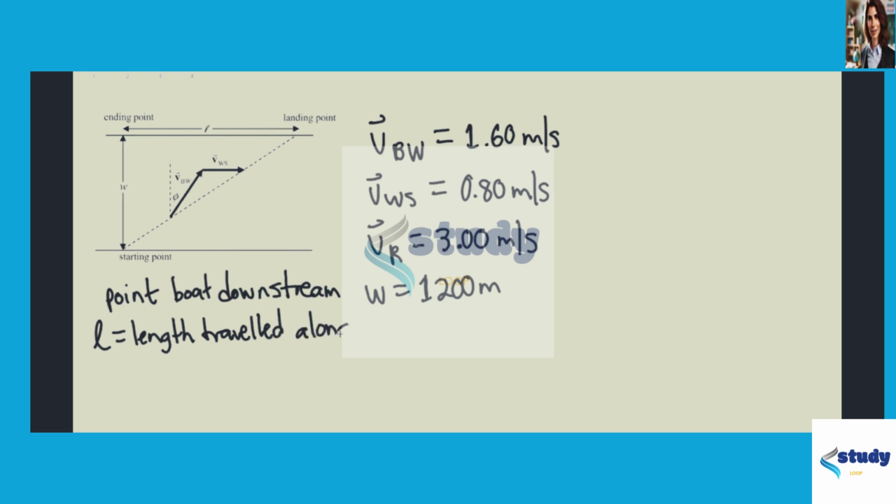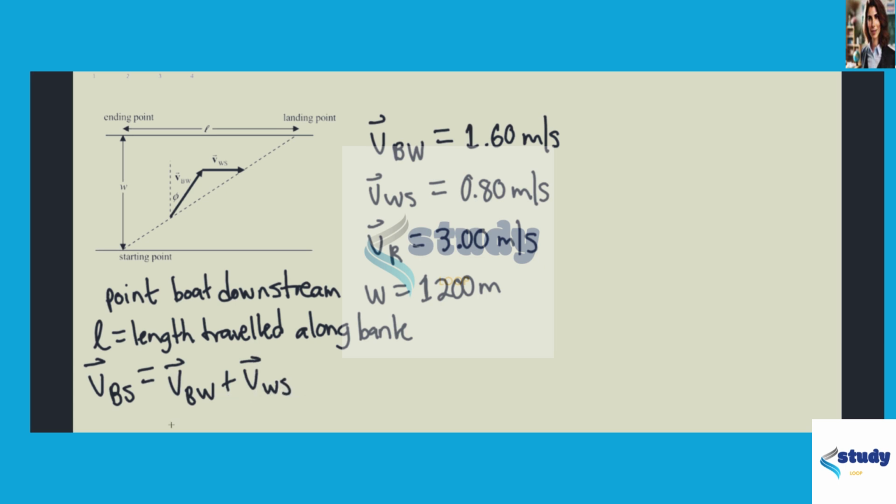And so at this point, we can say that the velocity of the boat relative to the shore would be equal to the velocity of the boat relative to the water plus the velocity of the water relative to the shore, or the current.